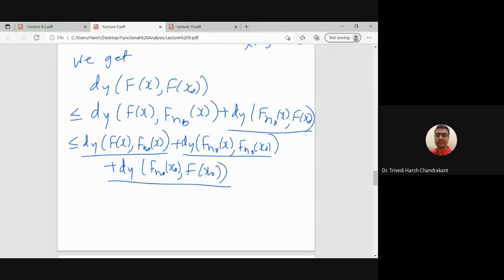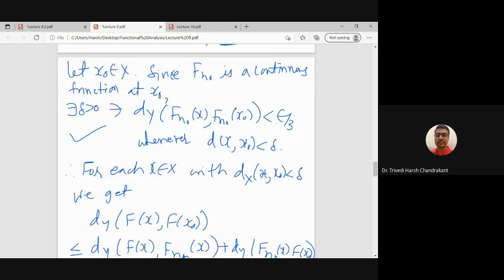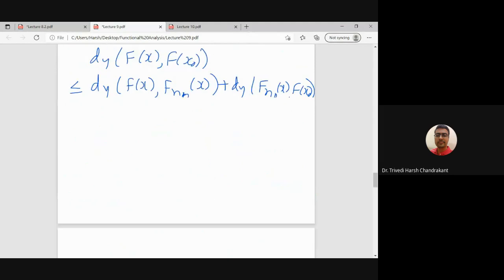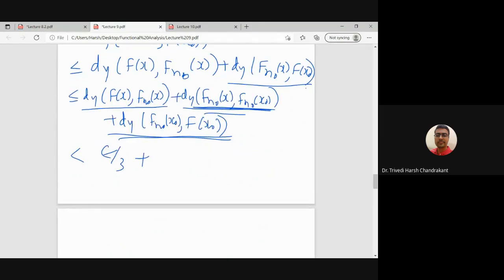And what is this middle term? This is just the continuity of f_n naught. So we use that the distance of f_n naught(x) with f_n naught(x naught) is less than epsilon by 3. So this term is also less than epsilon by 3, right? So we get 3 times epsilon by 3, so that is epsilon.